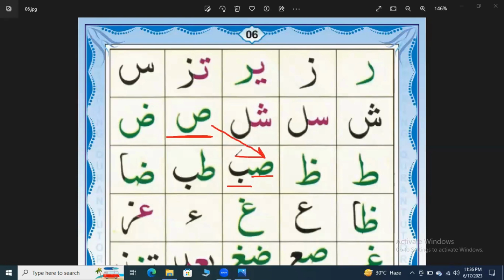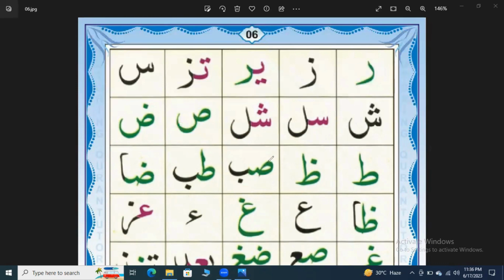But remember that the same thing happened with sad which happened with seen. This half circle of sad is cut when it is written in combined form, in joint form with the other letters.